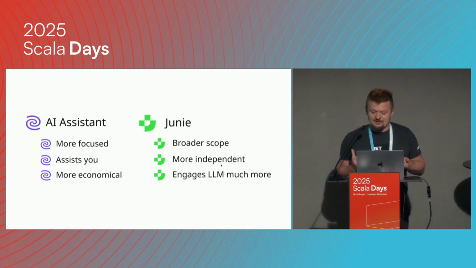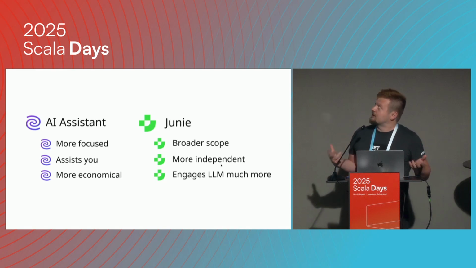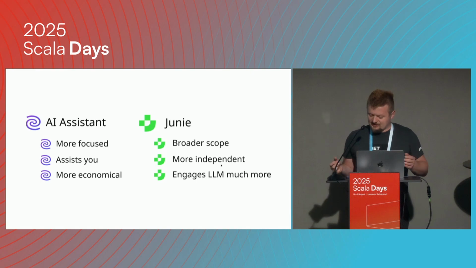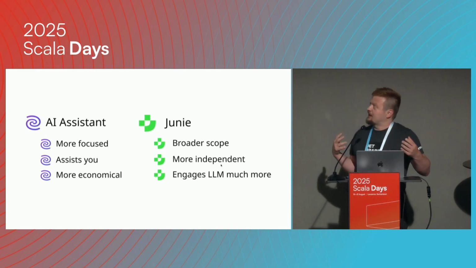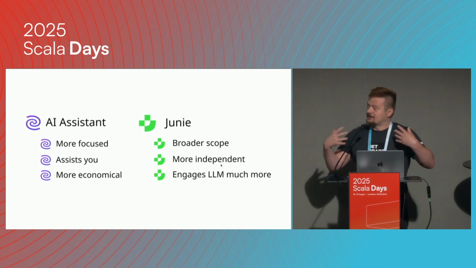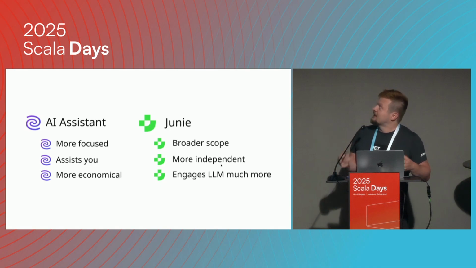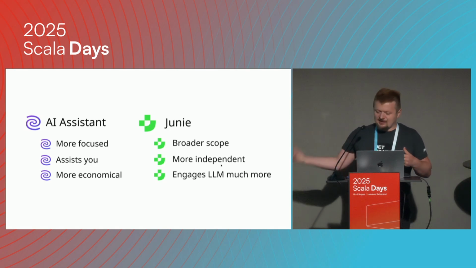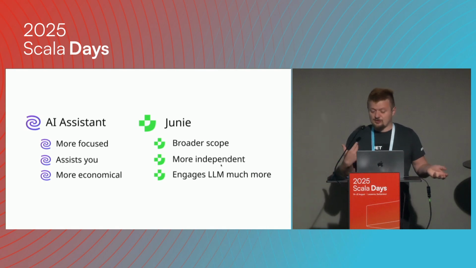It's more economical this way. The scope of Junie is much bigger. It's more independent. Every time you give it a prompt, it will make an analysis of that prompt. It will send more requests. It will first gather data, decide what to do based on that, and it engages this LLM on the server much more than AI Assistant.